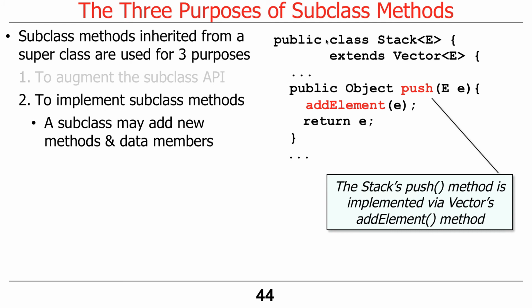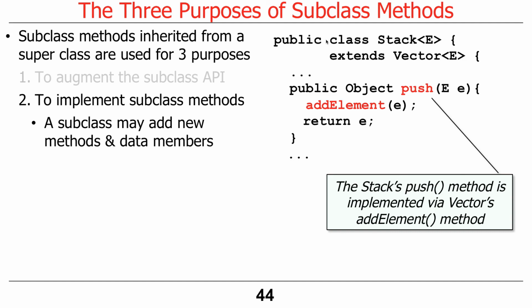Now, the reason this is somewhat of a wacky implementation, and don't blame me, blame Josh Bloch or whoever wrote this for the Java collections framework, is that it also means that addElement is going to be accessible to people who use a Stack, which is kind of bizarre. So that's the downside of implementation inheritance.